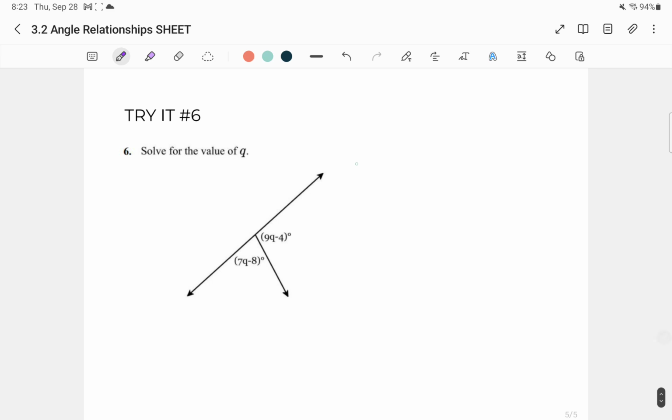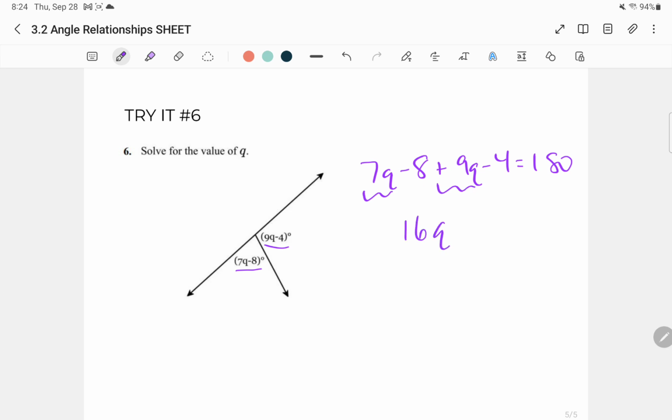All right, so hopefully we got an answer. So we got 7q minus 8 plus 9q minus 4, right? Both of those are equal to 180. So I'm going to combine 7q and 9q to get 16q, and negative 8 minus 4 is negative 12, is equal to 180 still.